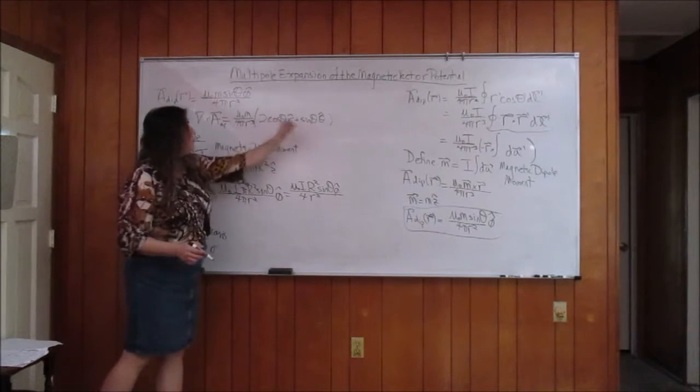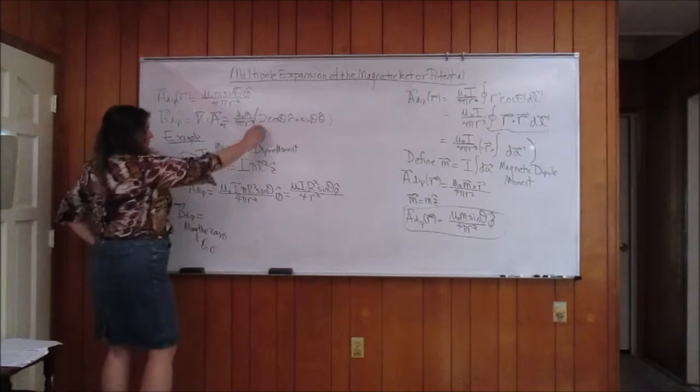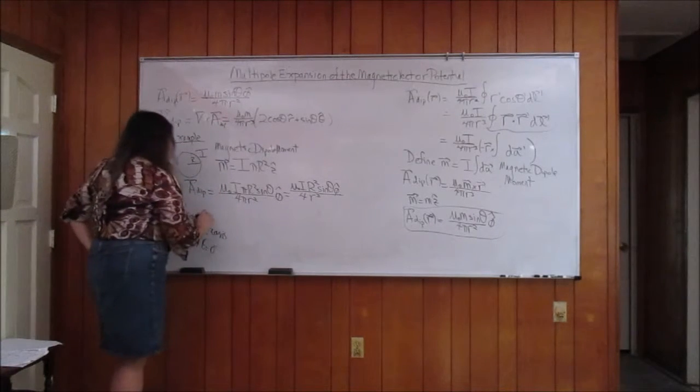So this term drops out, and this cosine 0 is just, of course, 1.